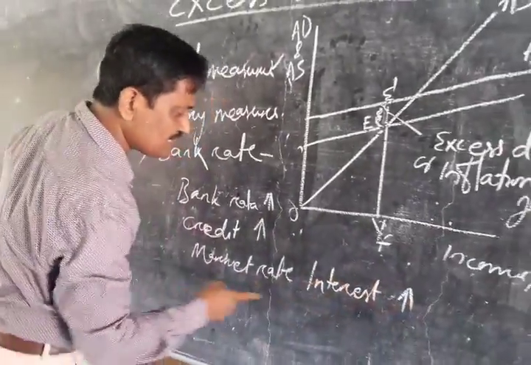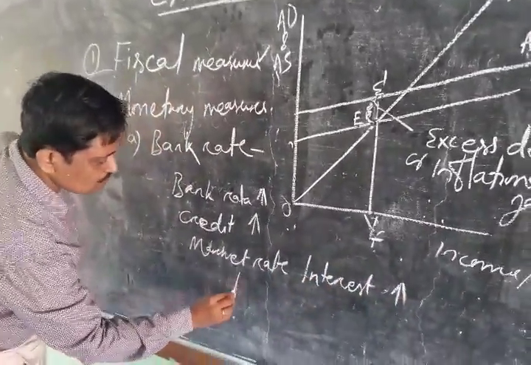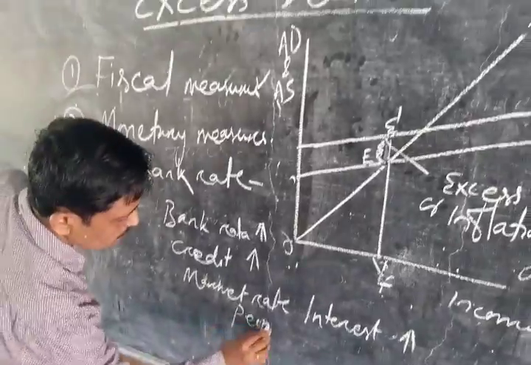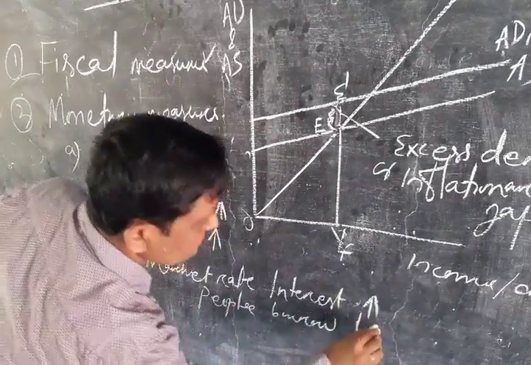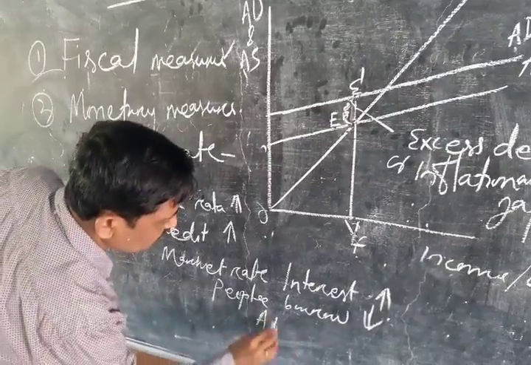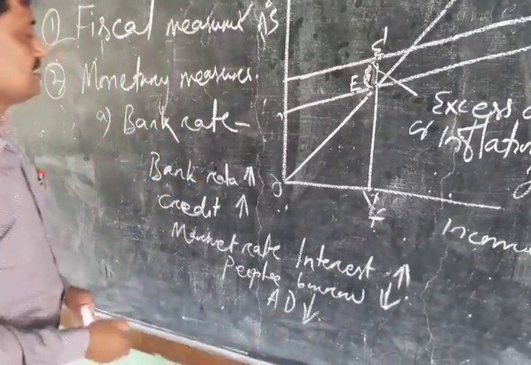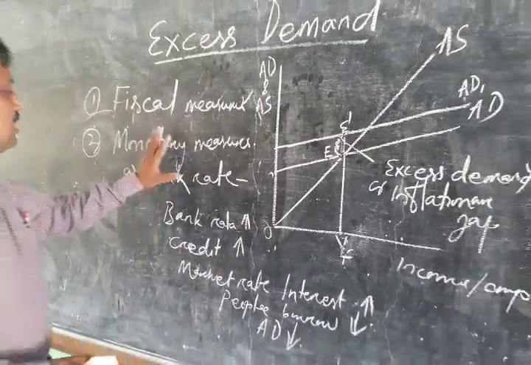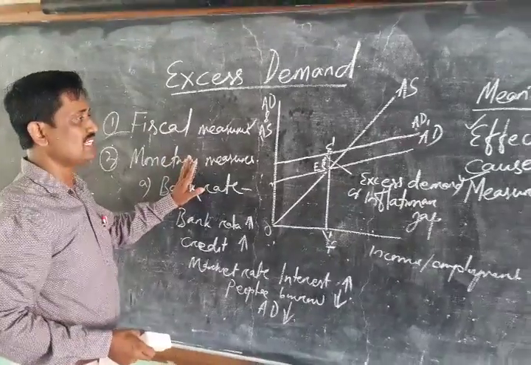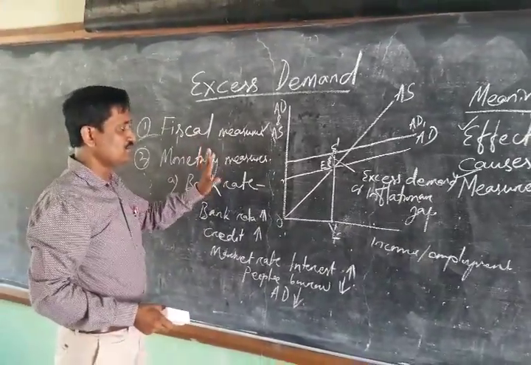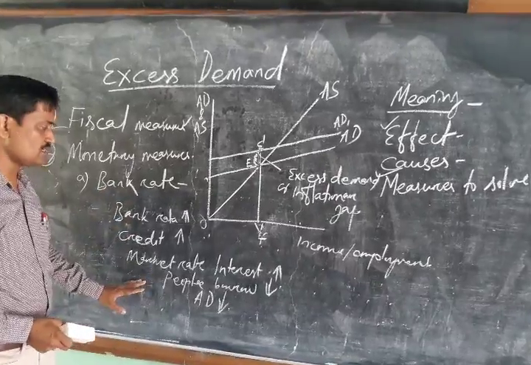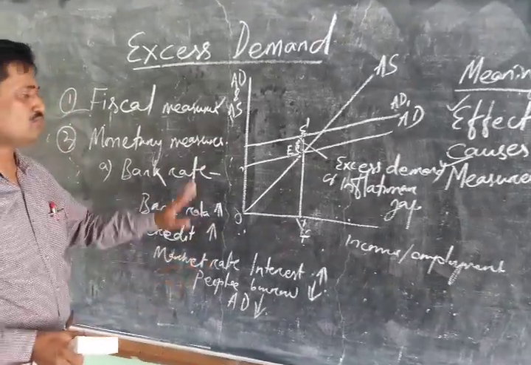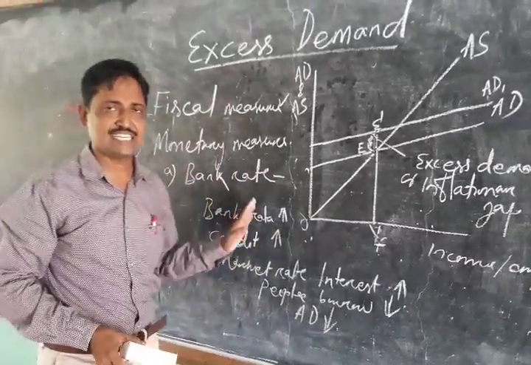When the market rate of interest increases, people borrow less, then aggregate demand ultimately decreases. This way you can explain different monetary measures, but there are several others like open market operations. We will discuss later. Thank you.